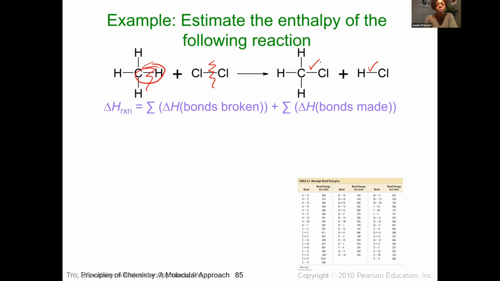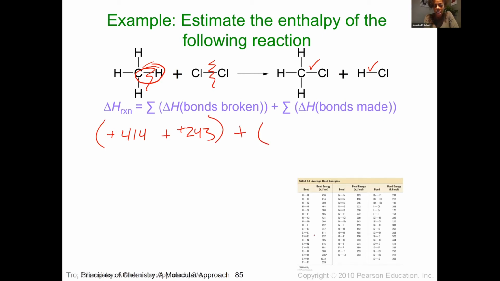All right, so if we look on the chart, the C to H bond would end up being 414. And so we would say positive 414 is needed to break it, plus for the Cl to Cl bond, we would say positive 243. So that's my bonds broken, plus my bonds that are being made.